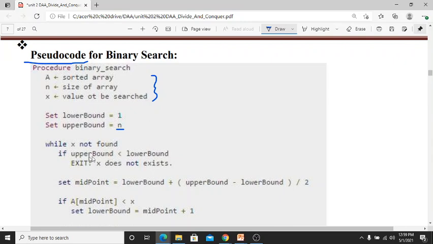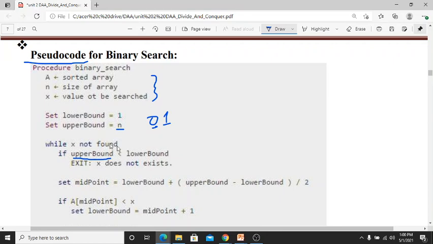We expect the upper bound to be greater than the lower bound, so if it is less, for example n is less than 1, meaning 0, we cannot do any operation on it, because at least we must have one element. So it will exit.